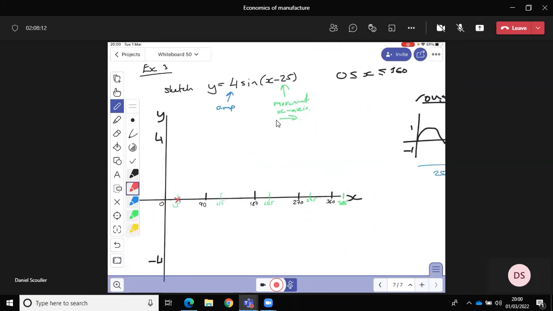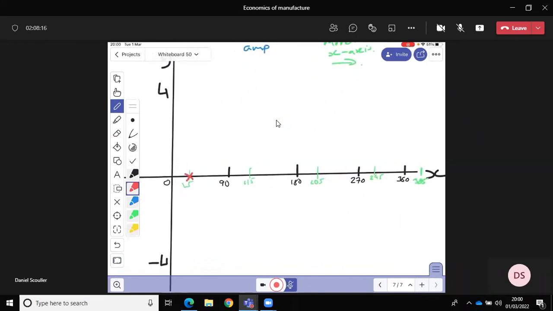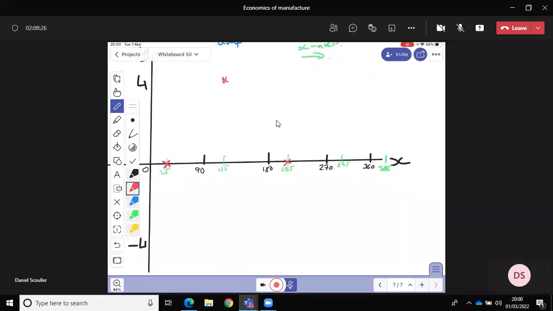So we're going to start here where x is 25. It's going to peak at 115 instead of 90. It's going to cut the x-axis at 205 instead of 180. It's going to come down to a minimum at 295. And then it's going to finish a full wave at 385. So drawing that full thing on.